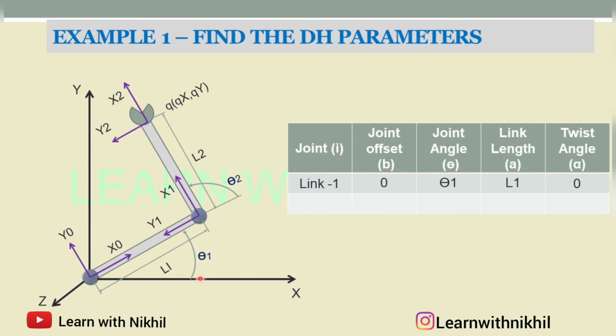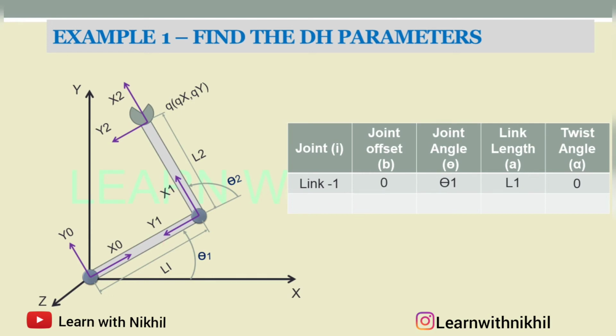So this is the joint angle which is denoted by theta 1. The length of the link is denoted by L1, and finally the twist angle is again 0. So there is no twist angle. As this x0 is in line with the link, there is no twist angle, so it is 0.